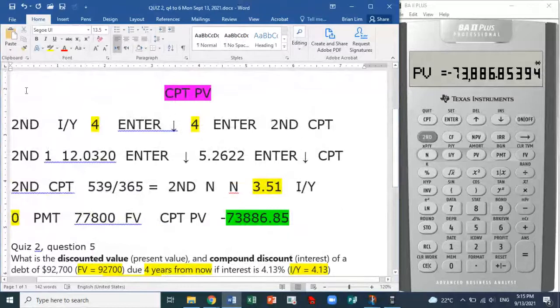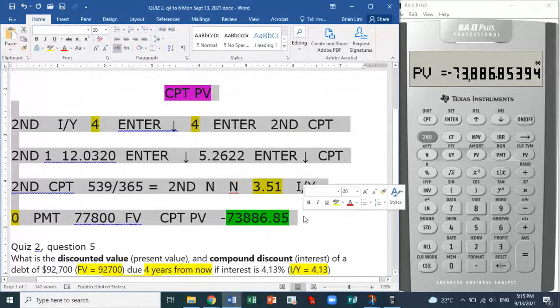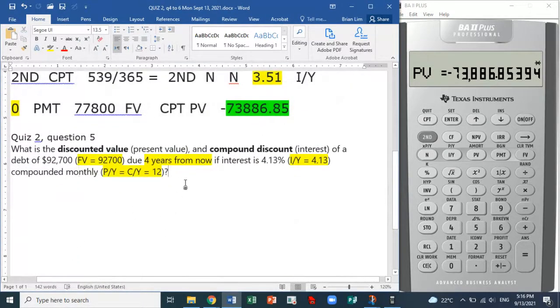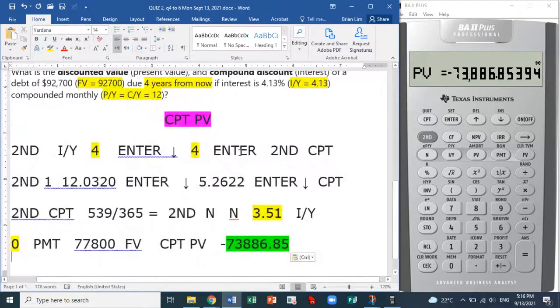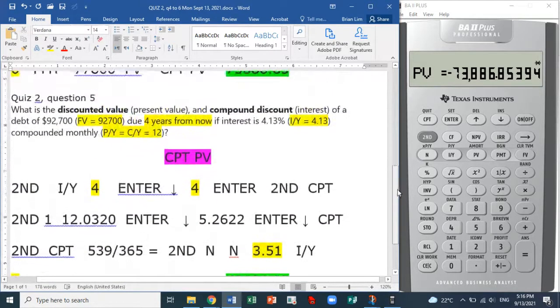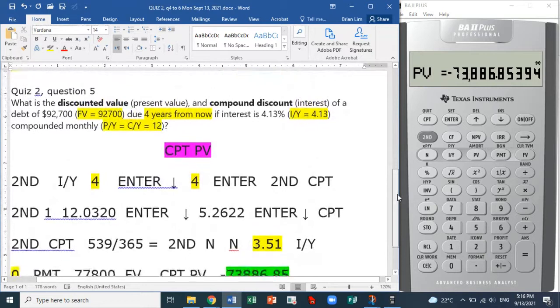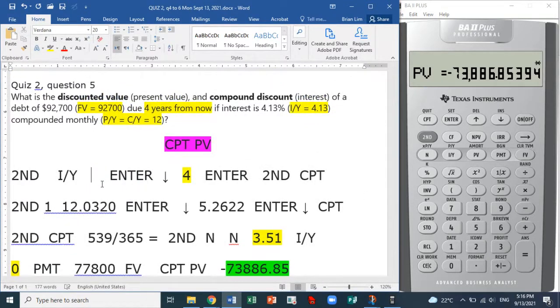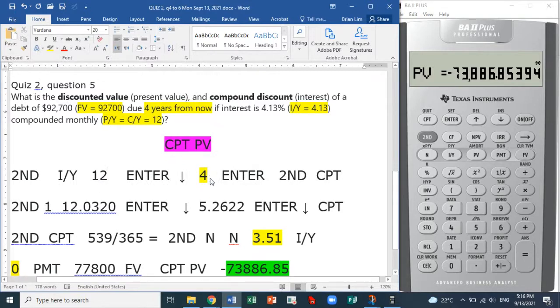So what we can do is just copy this format here and then paste it into here. And there we are. All right, so PY and CY is 12 now, so these numbers here will change. That will be 12.